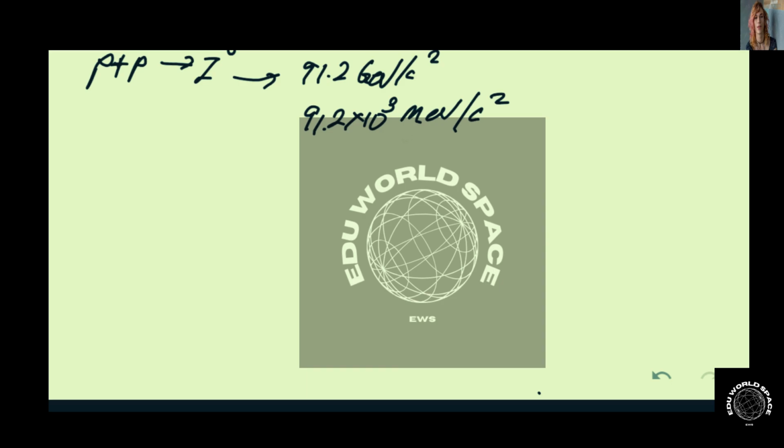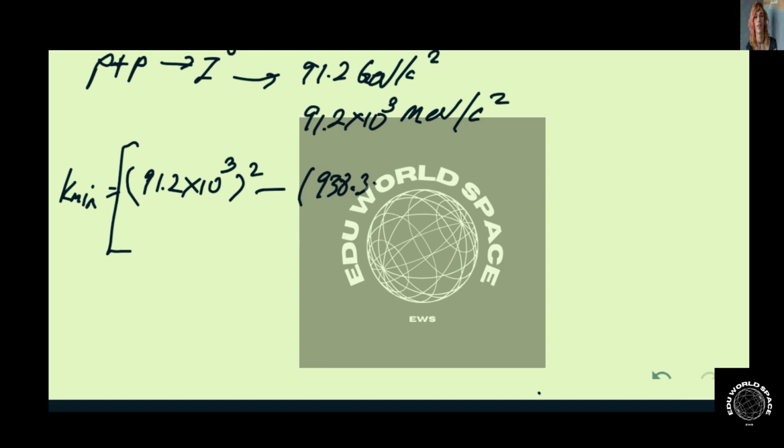To keep the units all in terms of MeV, then we can find the minimum energy. Take m3 square minus m1 plus m2, which is 938.3 times 2 square, multiplied by c square divided by 2 times of m2.